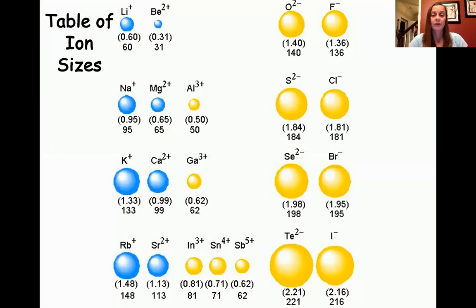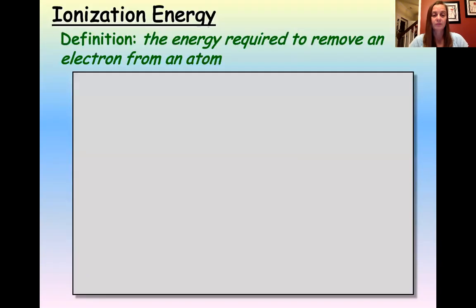So if we look at these ions, you can see that all of our cations are much smaller and all of our anions are much larger. Pretty simple and straightforward.